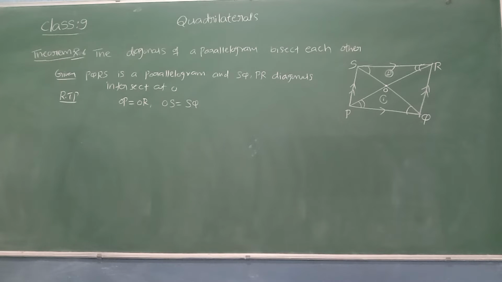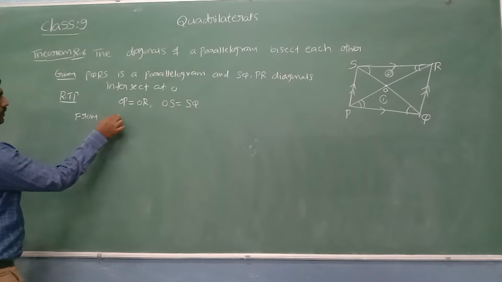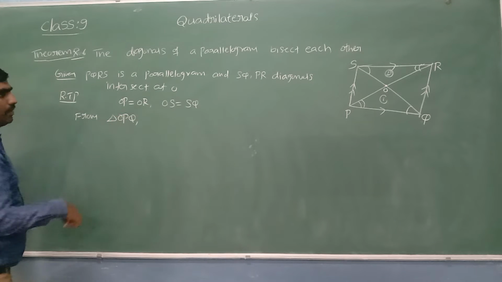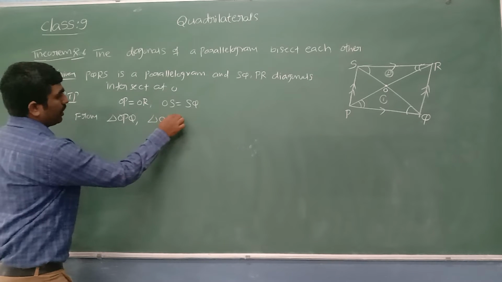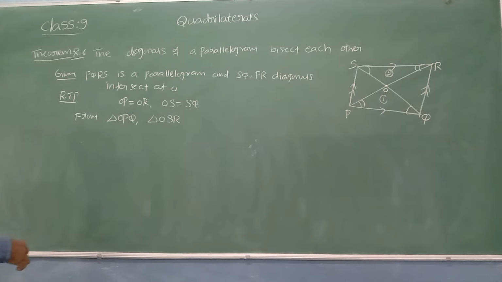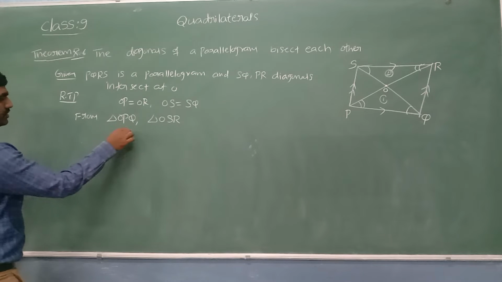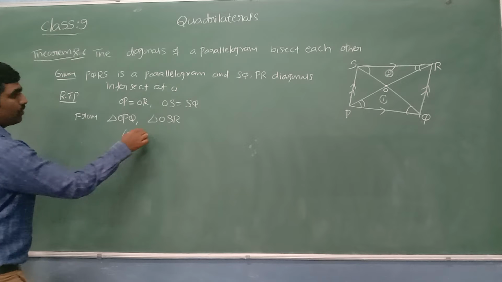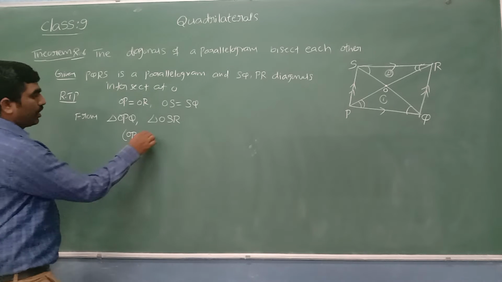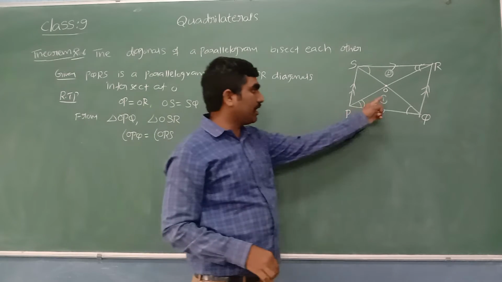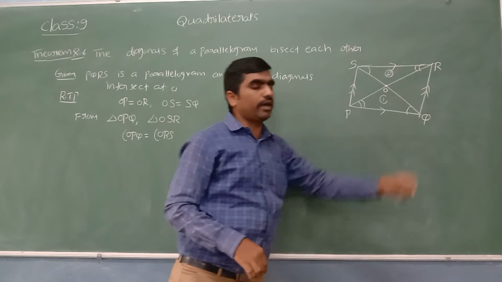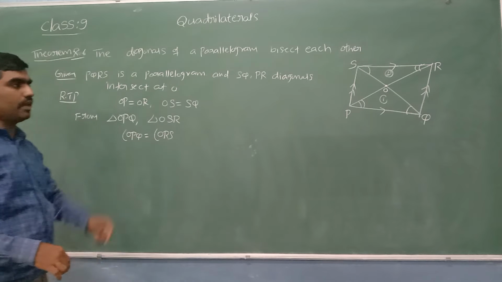Let us write the equal parts. From triangle OPQ and triangle OSR, we can say angle OPQ is equal to angle ORS. In the first triangle angle P is equal to the second triangle angle R; I wrote that with the help of three alphabets.